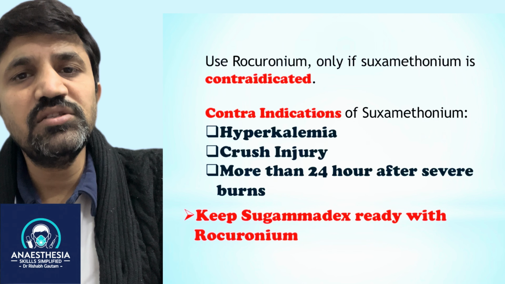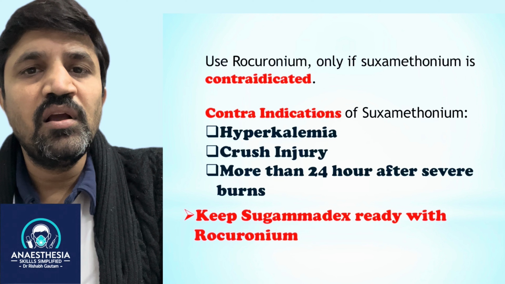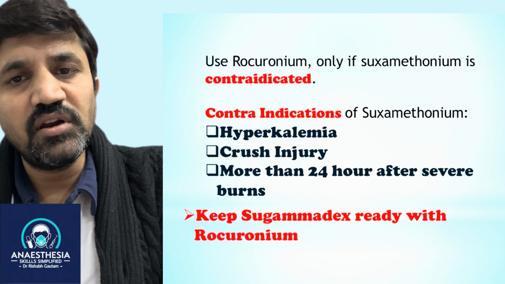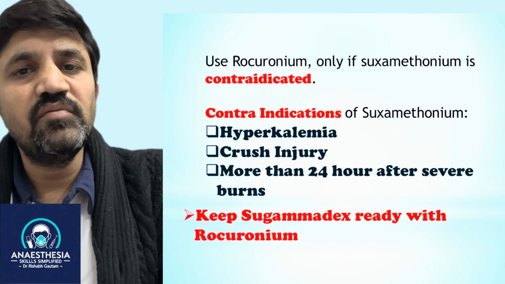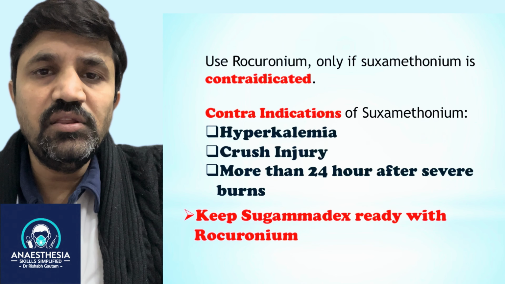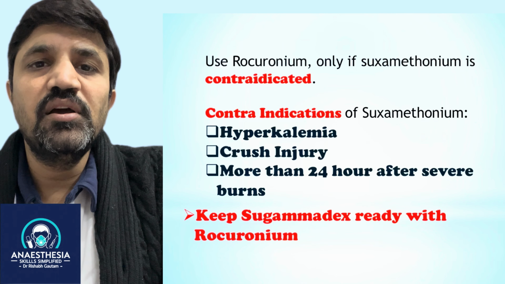The contraindications of succinylcholine are hyperkalemia, severe crush injury, or a severe burn patient of more than 24 hours. If you are using rocuronium in place of succinylcholine, then keep Sugammadex ready.